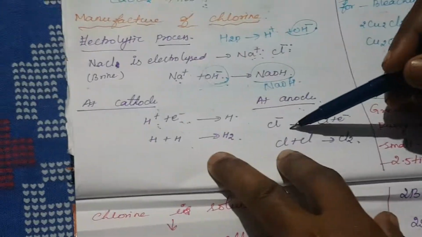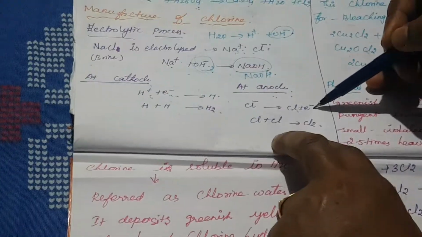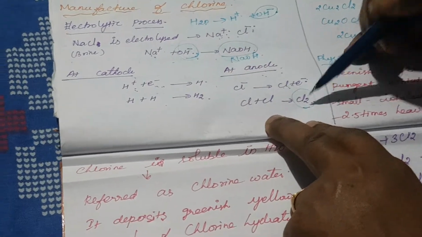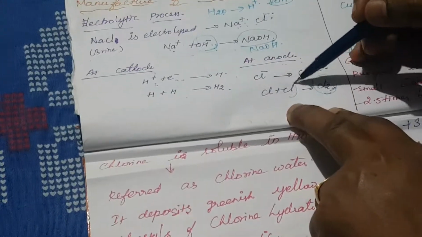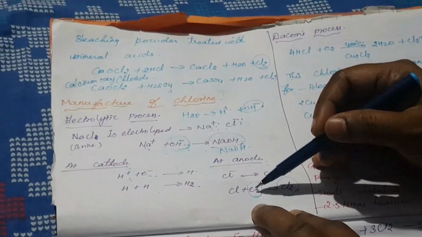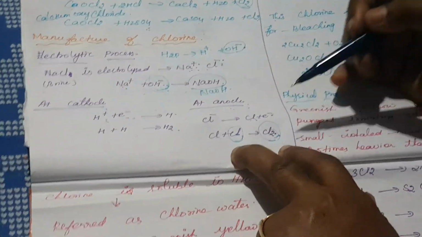At the anode, Cl minus dissociates into a chlorine atom by removal of one electron. Then two chlorine atoms combine to form the chlorine molecule. A single chlorine is called a chlorine atom. Two chlorine combined together is called a chlorine molecule.